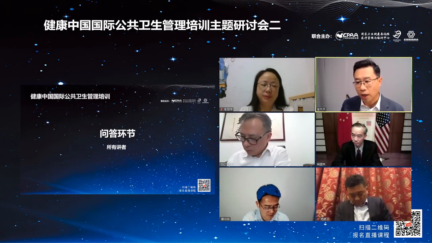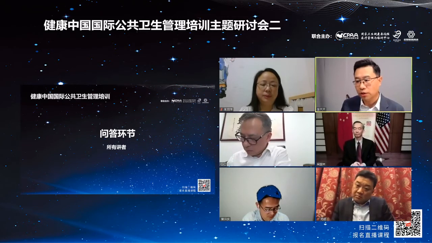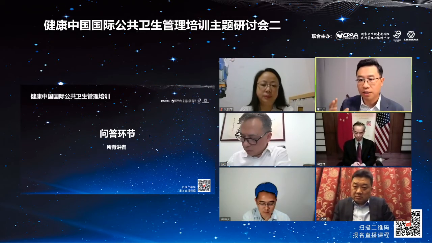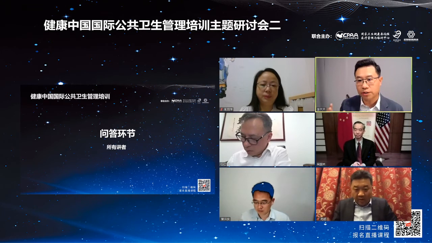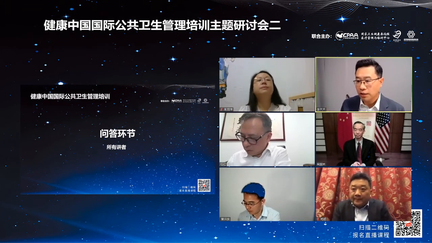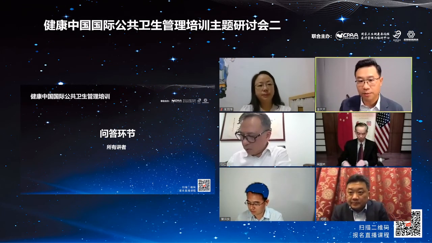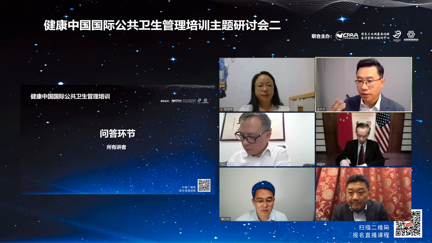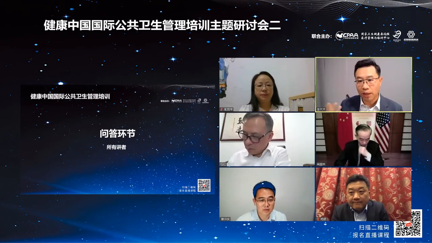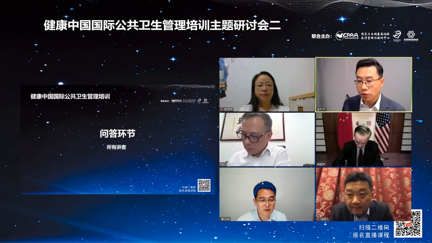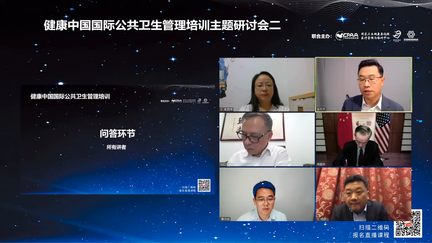So we were thinking that using such a map allows people to quickly access such information online, to see how the disease develops, to see information on how the virus develops.